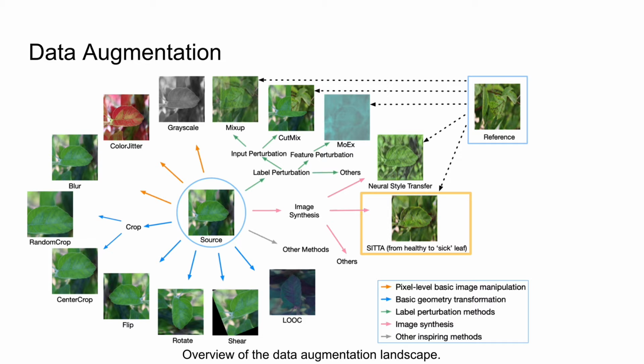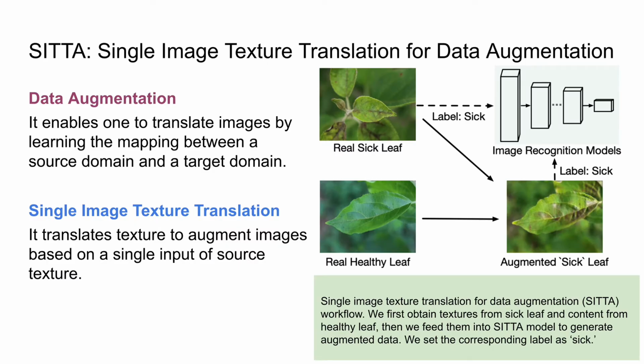In this paper, we propose SITTA that generates new data semantically with domain-specific texture translation. We start our design from two parts. First, image translation. It enables one to translate images by learning the mapping between a source domain and a target domain. And second is single image texture translation.